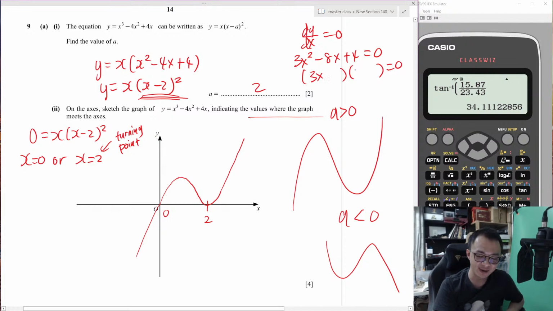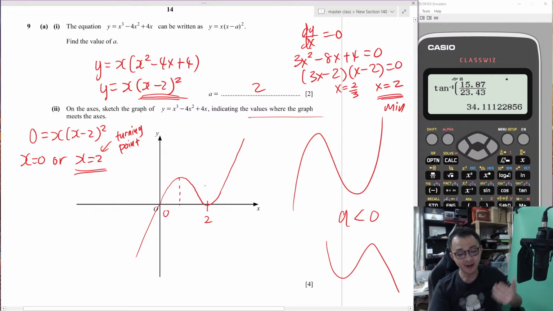This is 3x and x and 2 here, minus minus. So x will equal to 2 over 3 and x equals to 2. Then you know there are two turning points here. One will be minimum, one will be maximum. So here x equals to 2 is the x-intercept at the same time, isn't it? Then I know this is minimum. Then this one over here is the maximum, the maximum at 2 over 3. But you do not need to show this because the question doesn't ask you to show the turning point.